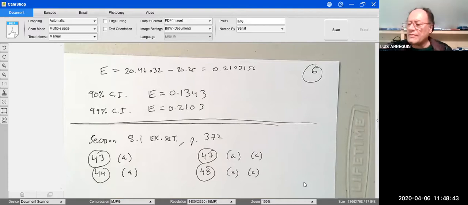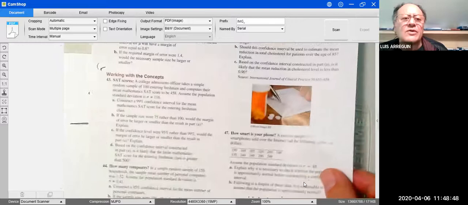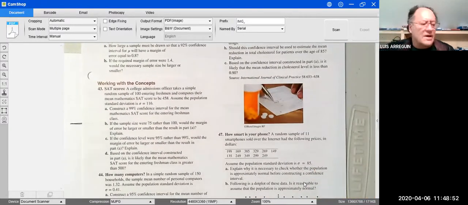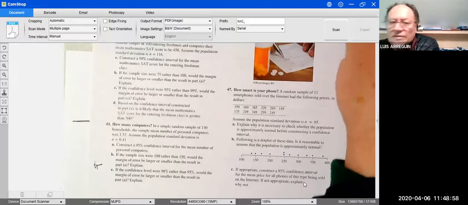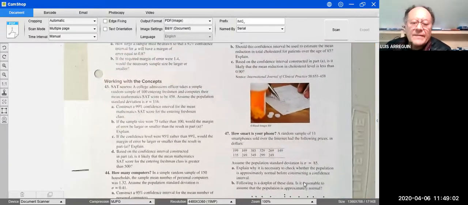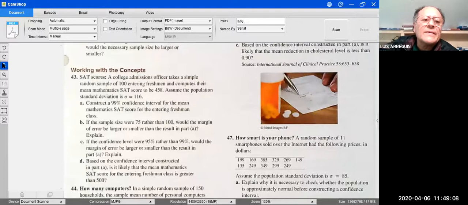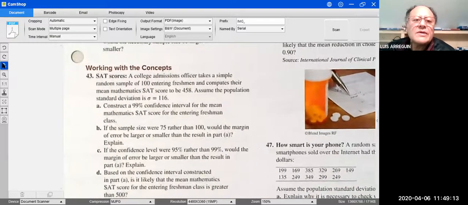You just need to solve part A, 43 and 44 now. Show me your answers. You can use the chat feature to show me your answers, and in that way you comply with your classwork. You get your points. So let me just show you 43 first. Let's increase the zoom size. That's 43.